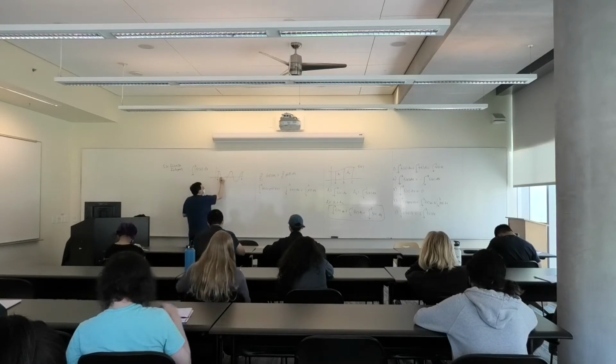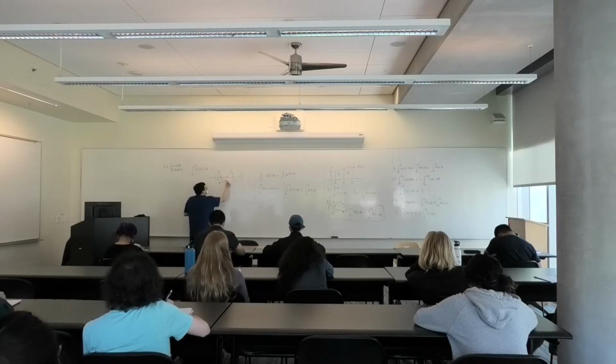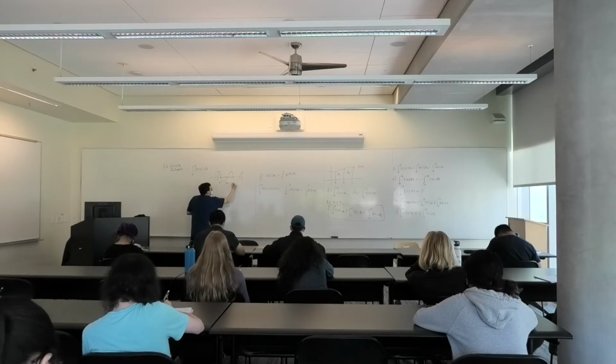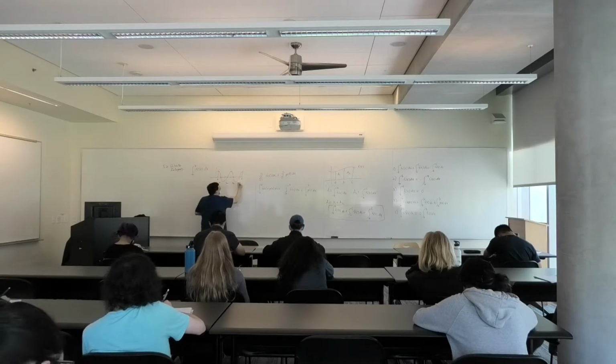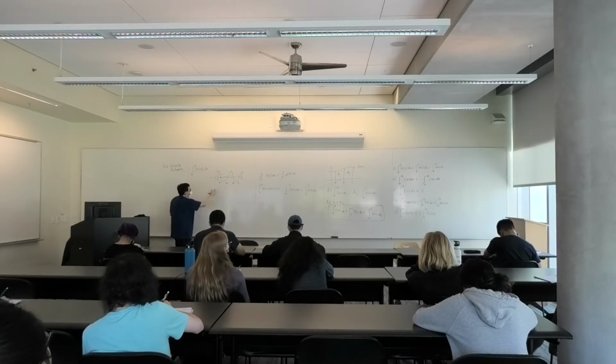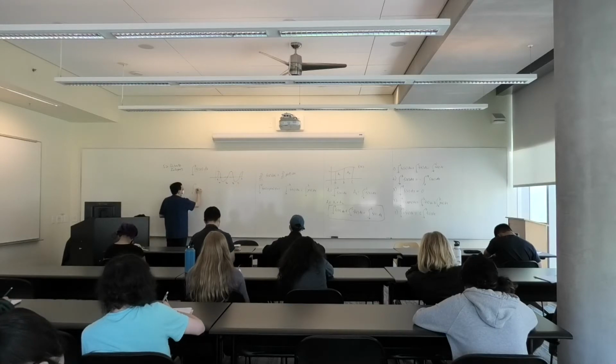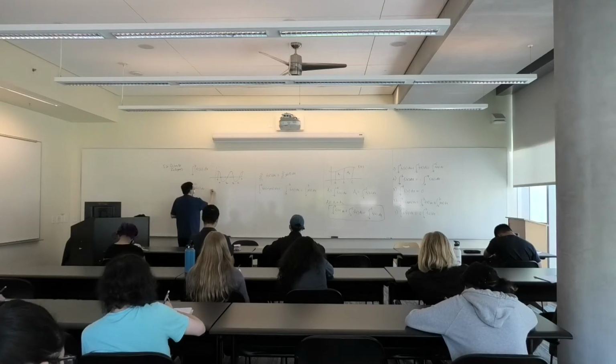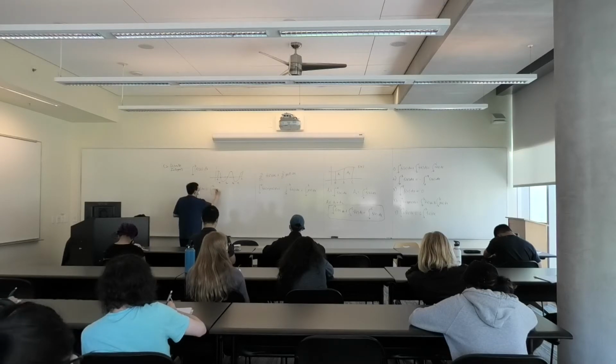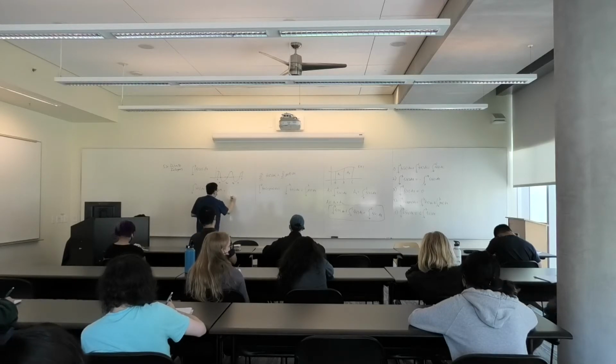So we have some points here, x1, x2, x3, x4. And you can see that we can just say this is the integral from a to x1 of the absolute value of f of x, plus x1 to x2, and so forth.